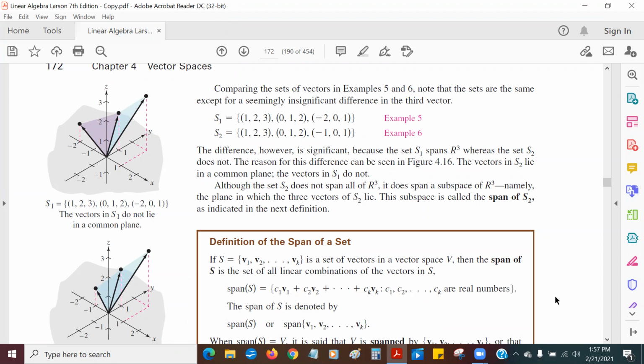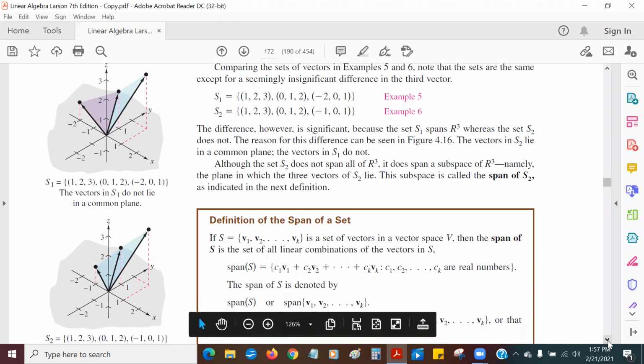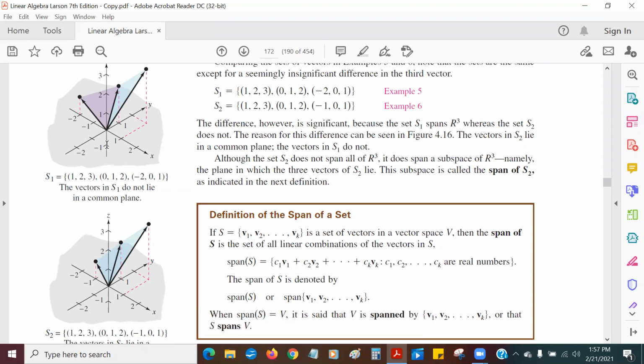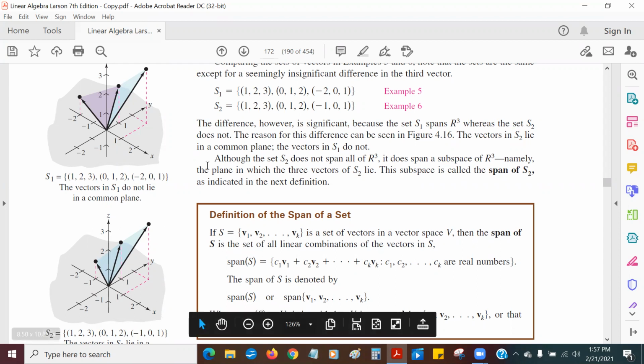Now, there are interesting pictures on the side. Let's just look at the pictures on the left before I get to this definition. So this is S1, and these three vectors, if you notice, are shooting all over the place. They do not lie in a common plane. Whereas these three vectors from S2 do lie in a common plane.